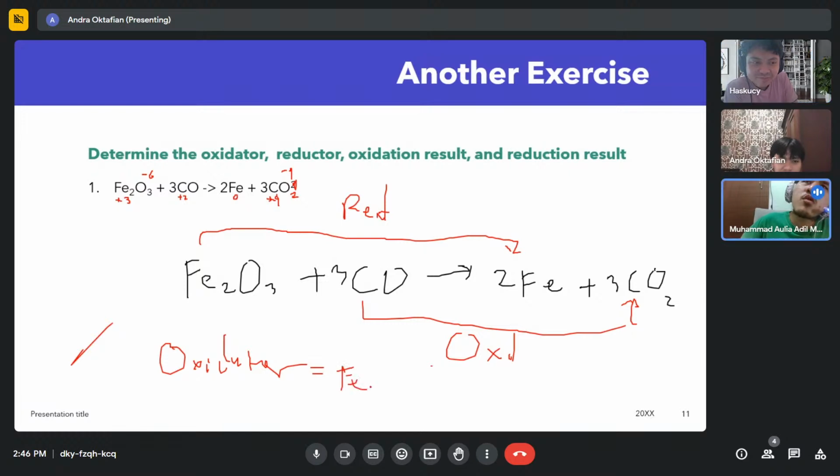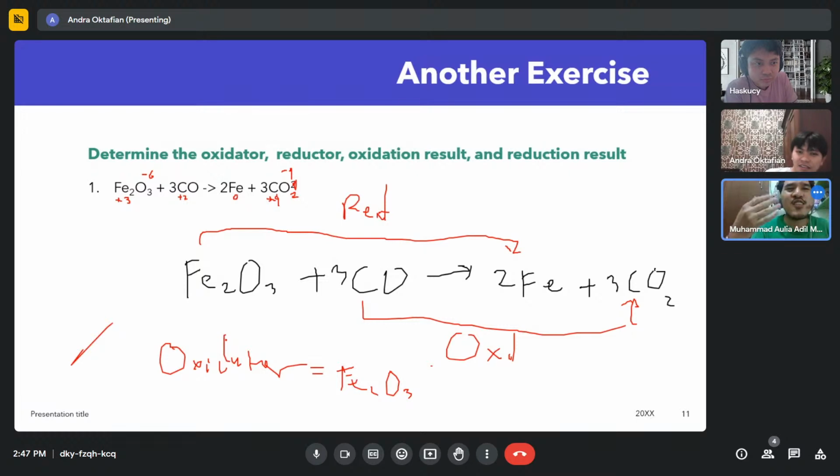So the oxidator is the thing that oxidizes the other thing, basically.